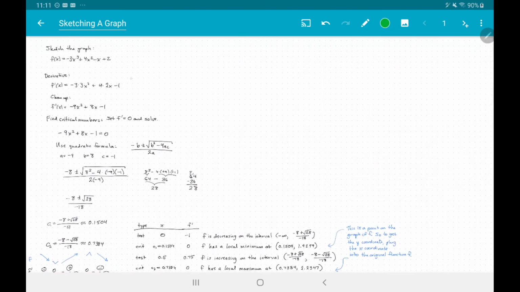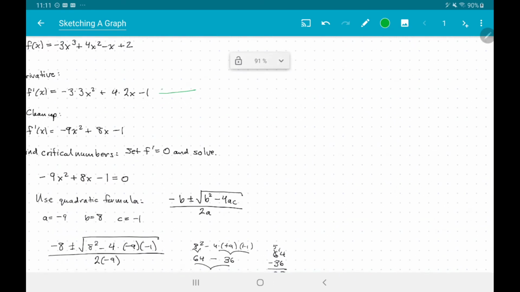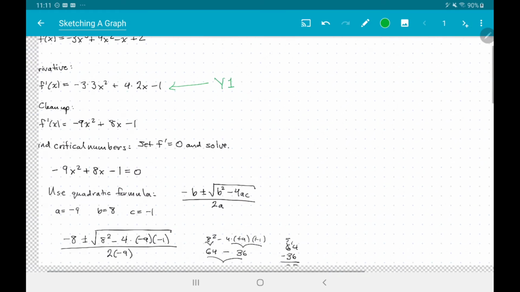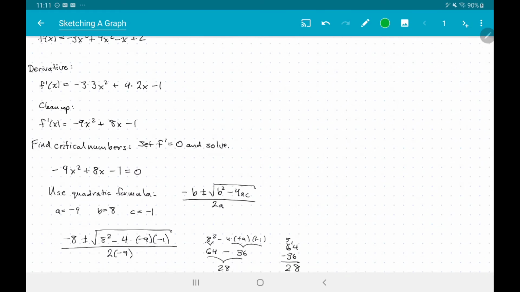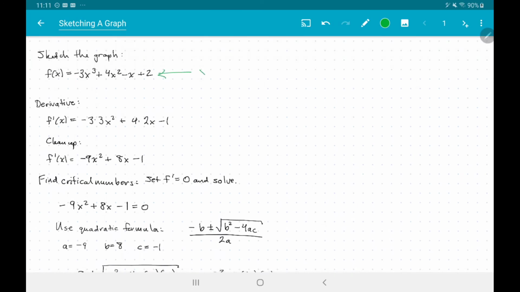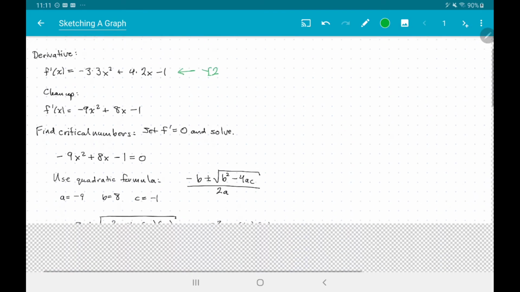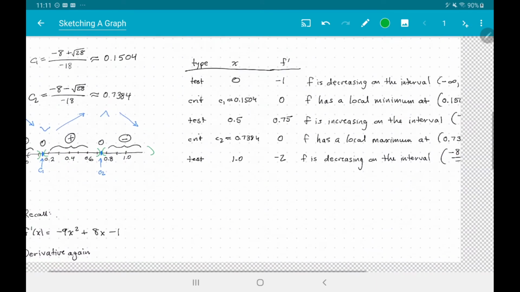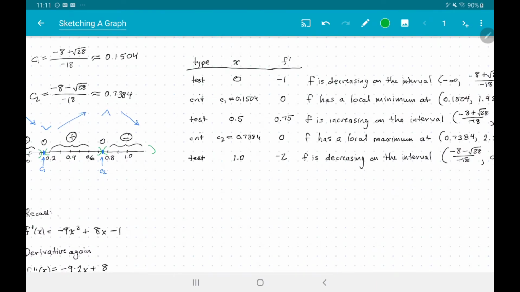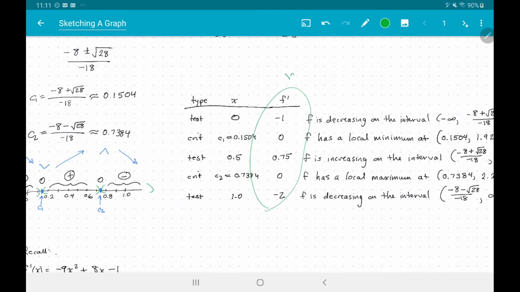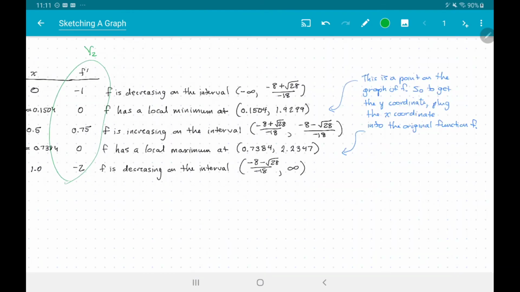In the process of doing that, I usually put f in as y1 and f prime in as y2, and use the table feature to quickly plug in these x values to get these values out of the y2 column. But then these values come out of the y1 column. Those are values of f. Those are y coordinates.